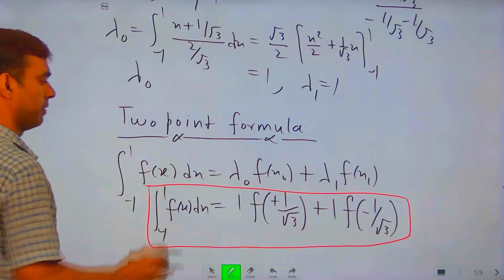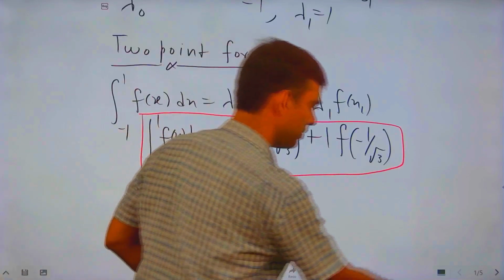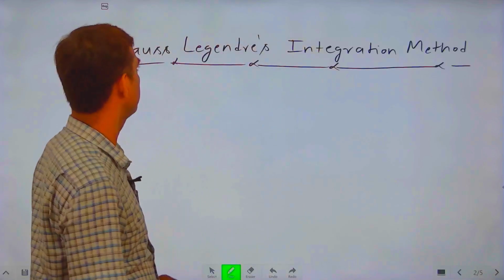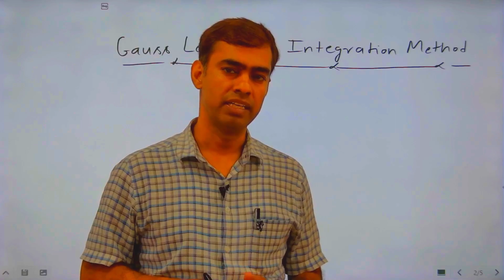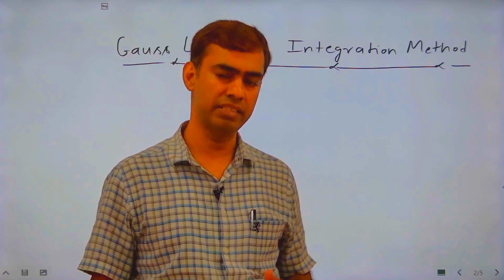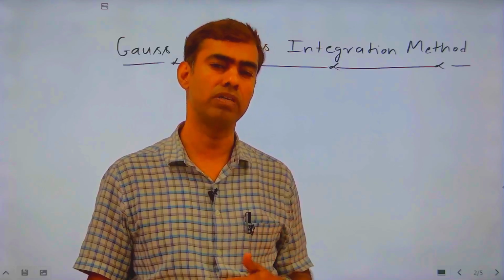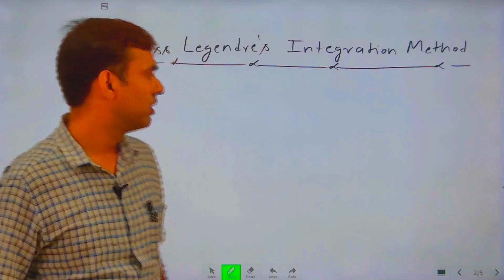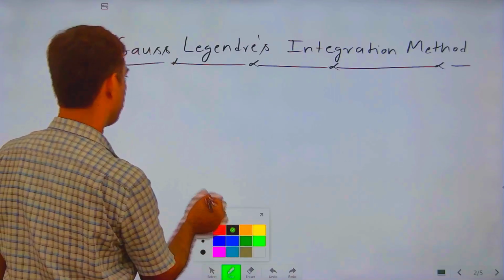So, in order to solve a numerical example, there is a need to remember the Gauss-Legendre integration formulae for the 1-point formula, 2-point formula, 3-point formula, and so on. So, once again, what is the 1-point formula?